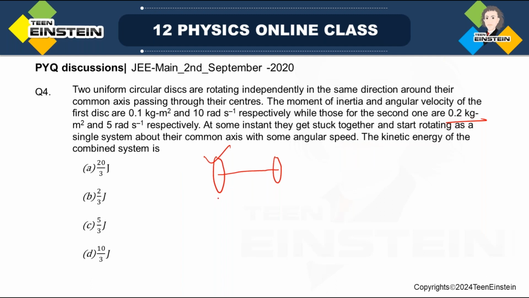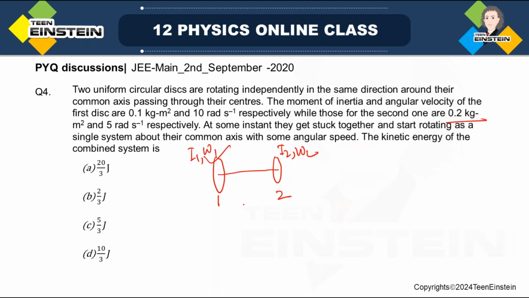Look, there are two disks, suppose 1 and 2. Both of them are rotating independently with their own angular velocities. They have their individual I1 with angular velocity omega 1, and I2 with angular velocity omega 2.